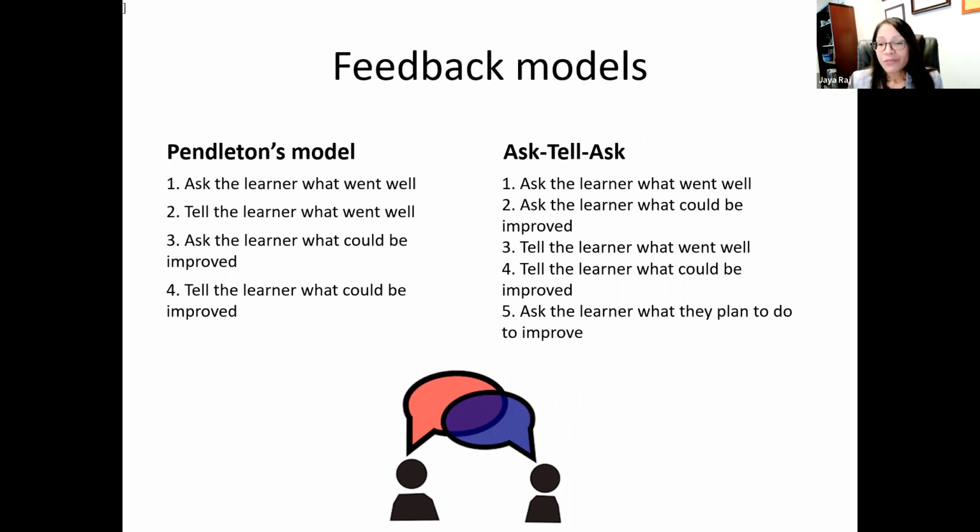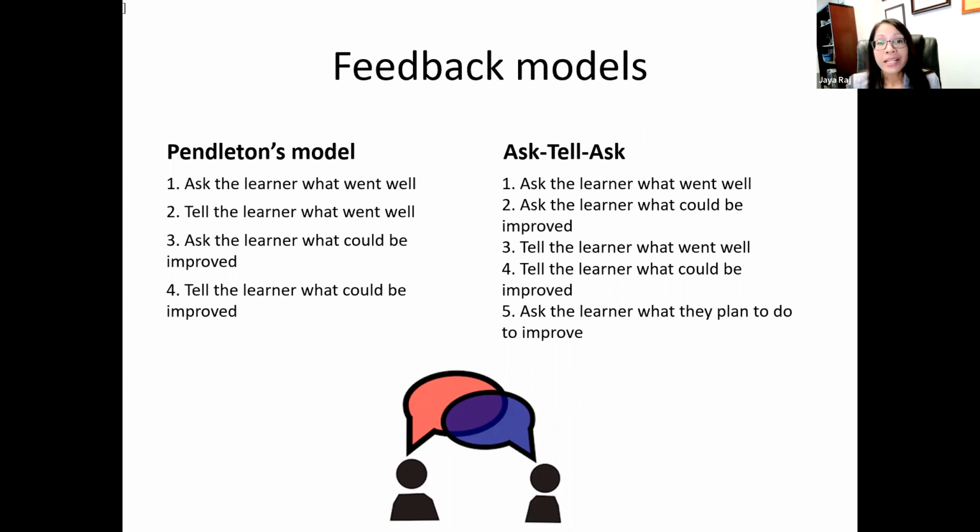And then after they've responded, that's when I tell the learner what my observations are. So I'll start with telling them what I think they did well. And then after that, I'll tell the learner what I think they need to improve on. And again, I try to be very specific. I use examples.